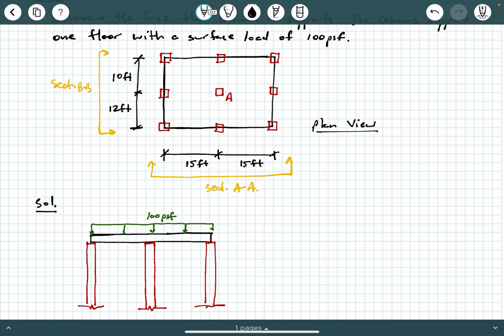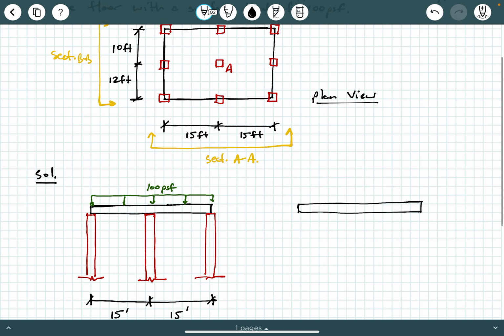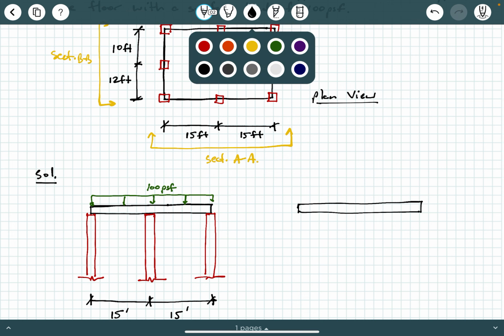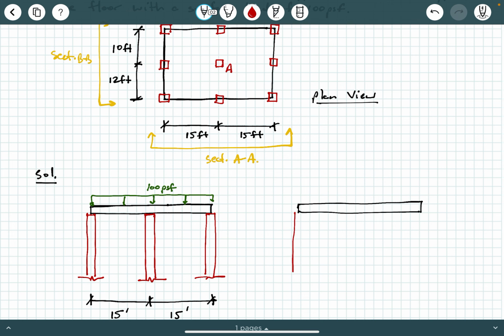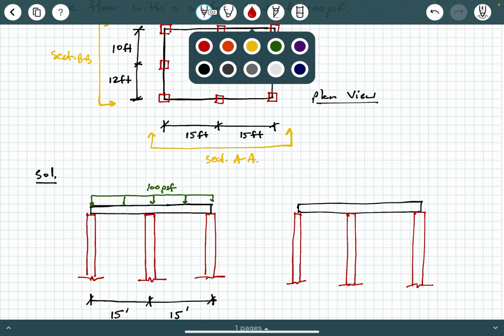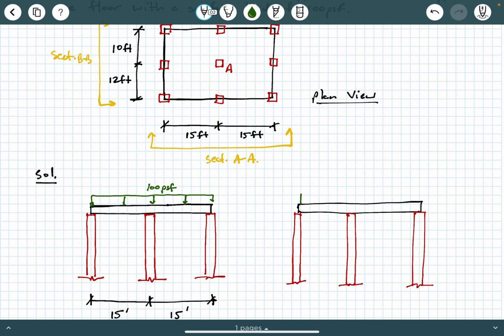What would that look like? Well, again, I would have that slab there, and I would have some columns, like this. I encourage you to draw this out on your own along with me.